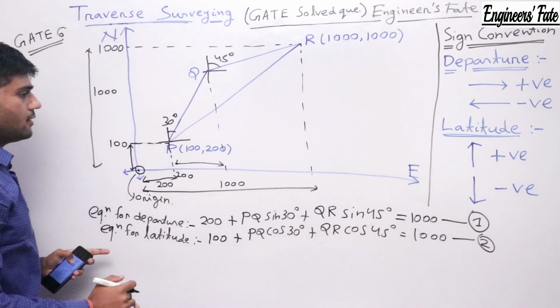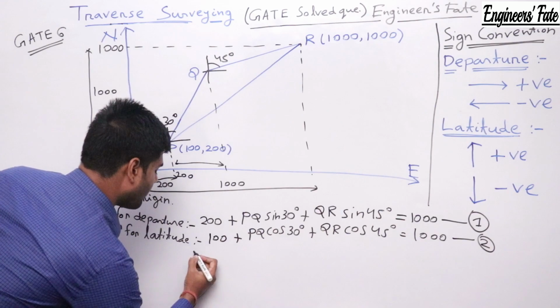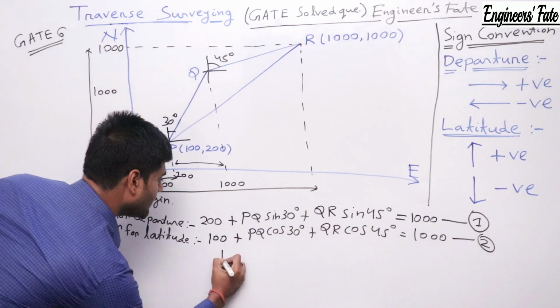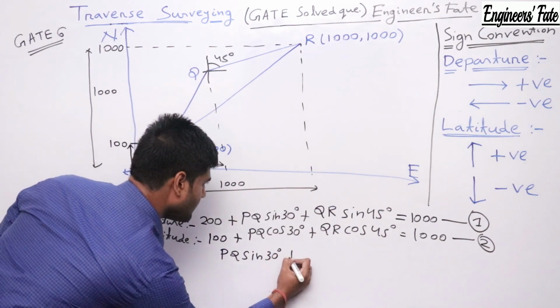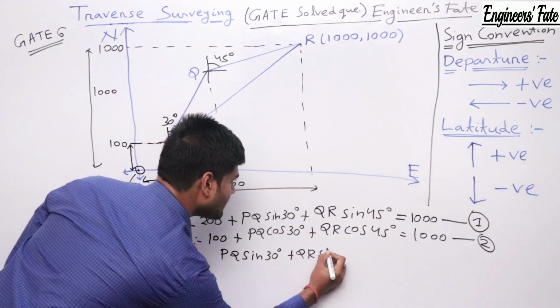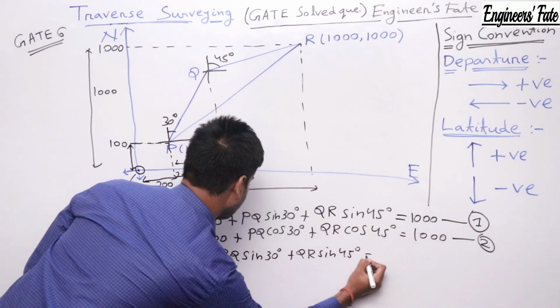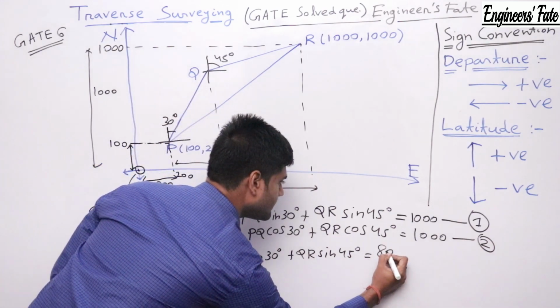This equation is clear. Now if I solve the equations, that is PQ sin 30 plus QR sin 45 degree equal to 800.